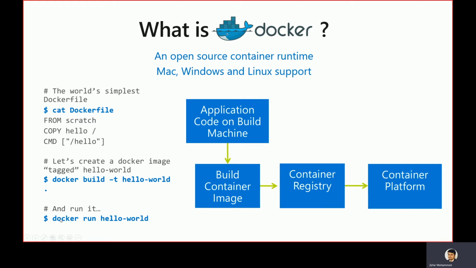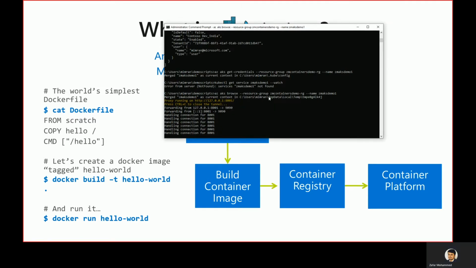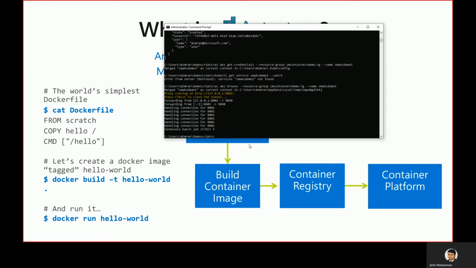So right here on the screen, you see Docker run hello world, right? So I can simply run that command. So here's what we can do. I have Docker Desktop installed on my developer machine.